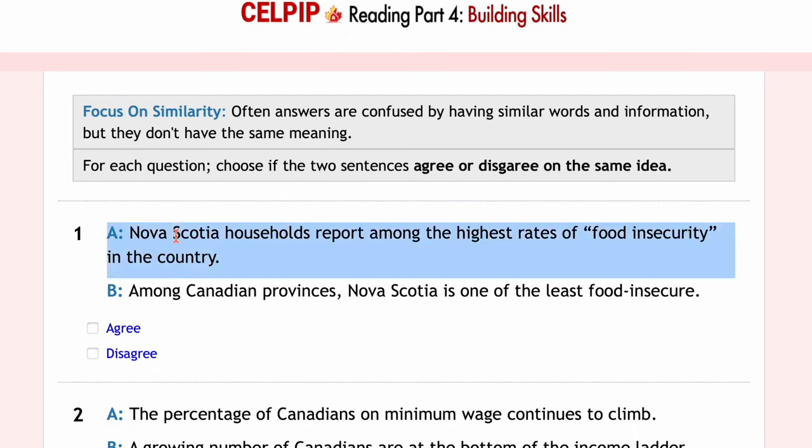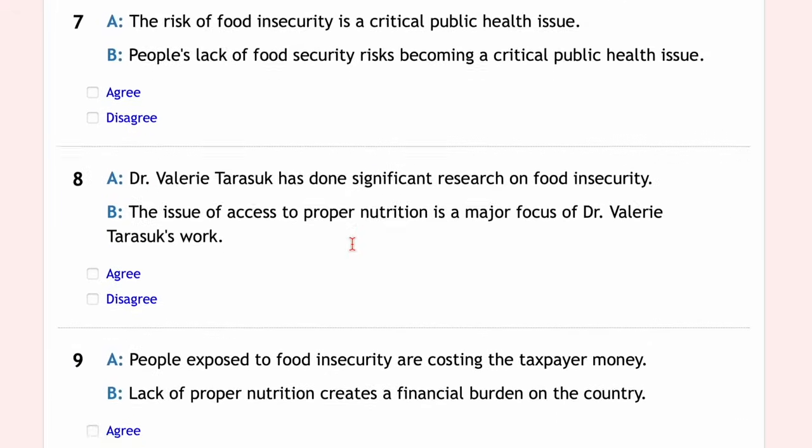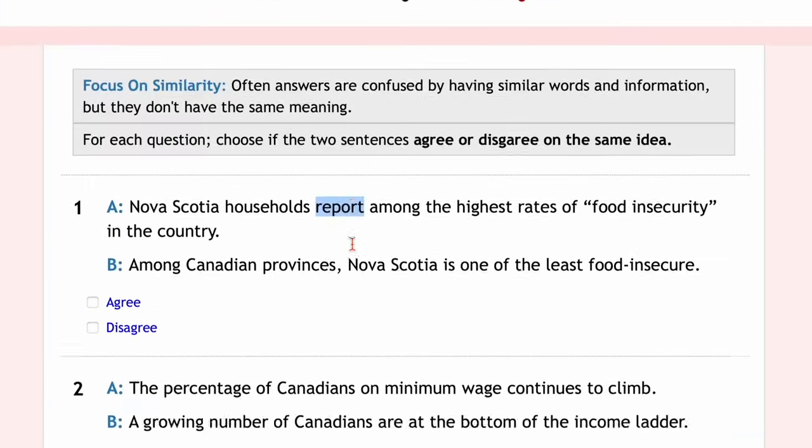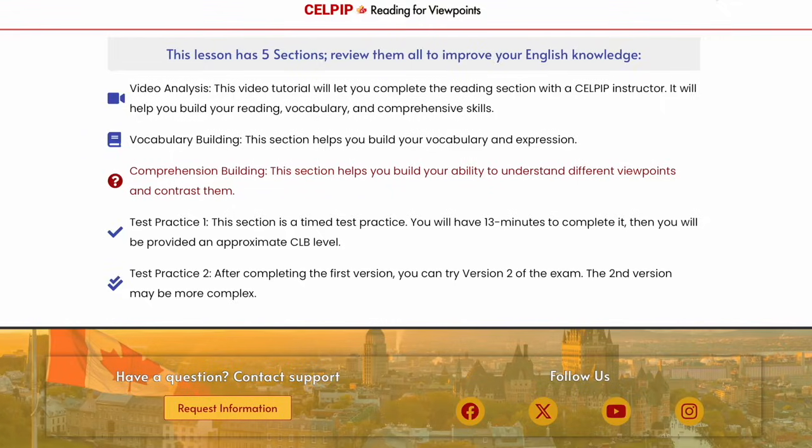So you read the idea A, you read idea B, and then you have to try to say, do they agree or disagree with each other? It's a very good tool for helping you build your comprehension. Okay, everyone, and I strongly recommend that kind of building comprehension exercise.